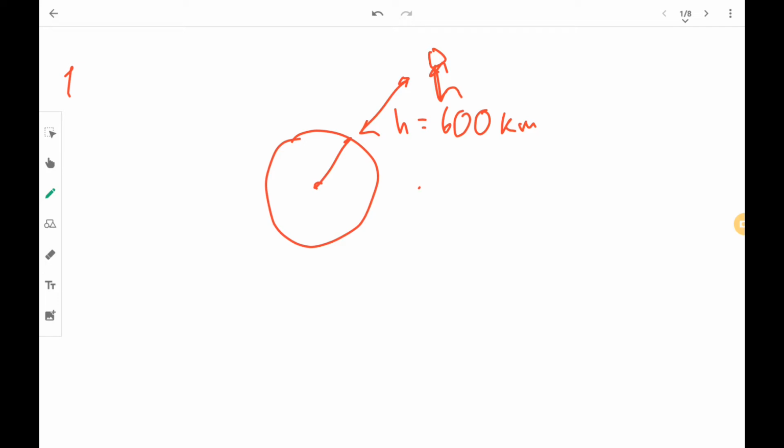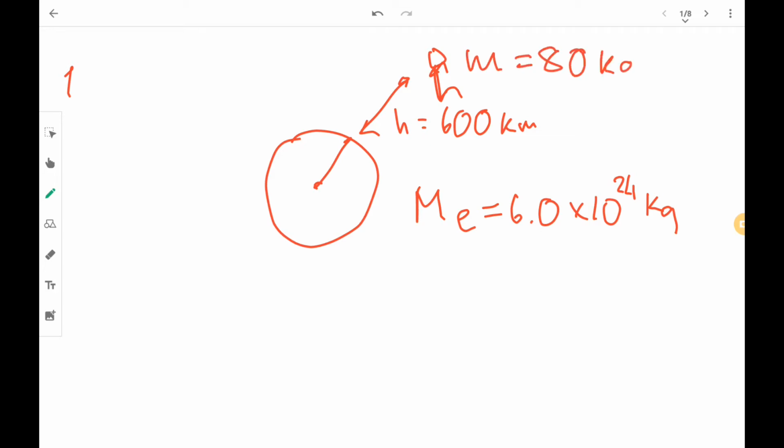You have the mass of the Earth, 6.0 times 10 to the power of 24 kilograms. You also have the mass of this person, 80 kilograms. You also have the radius of the Earth, 6.4 times 10 to the power of 3 kilometers.